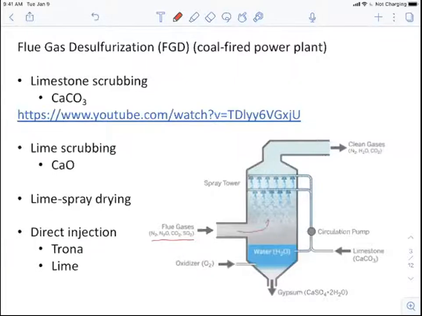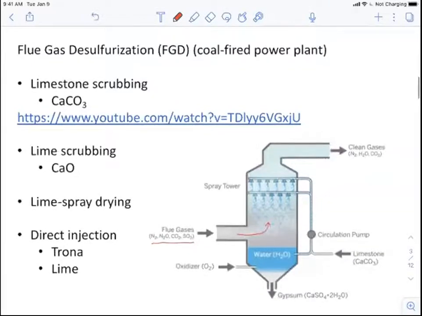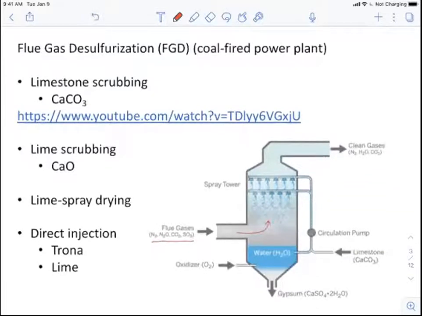At the same time, we introduce a solution. More exactly, it should be a slurry, mainly composed of limestone and water. Since limestone does not dissolve in water, it's a slurry that contains some solid inside, and most of it is just water.